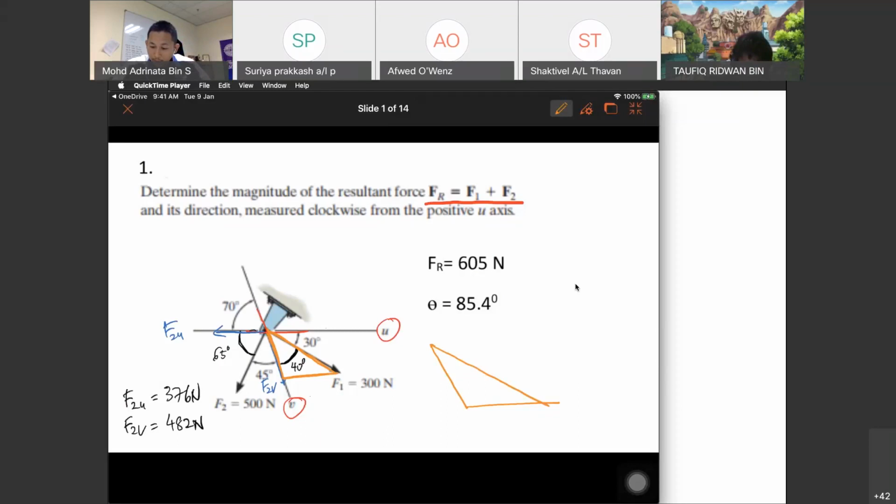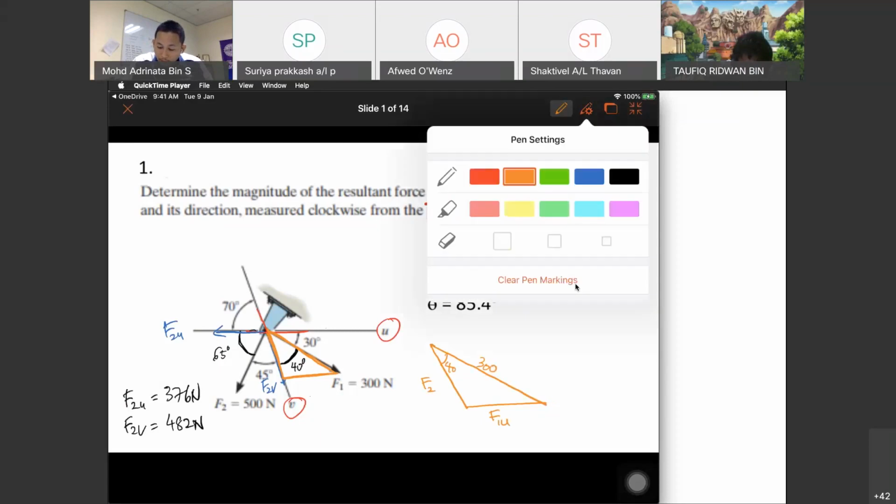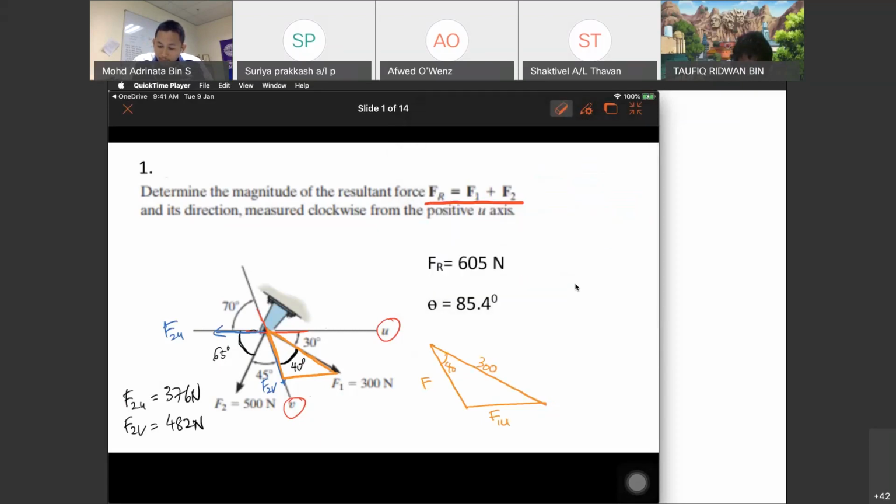So we have, this one is 40, this one is 300, this one is F1U, this one is F1V.